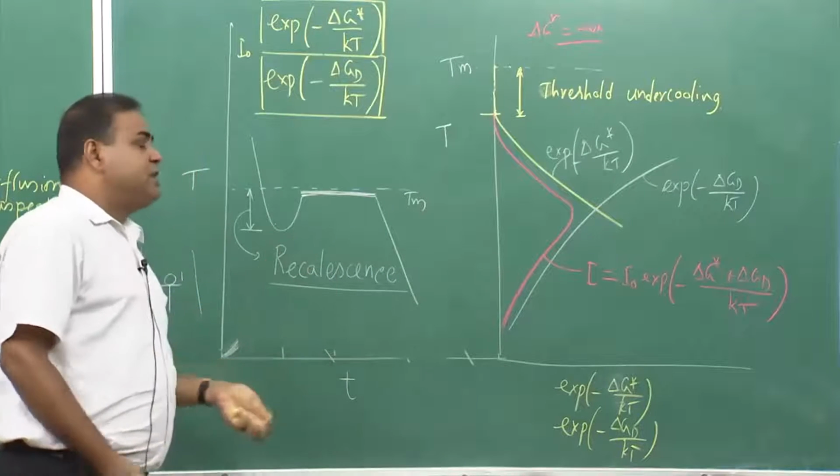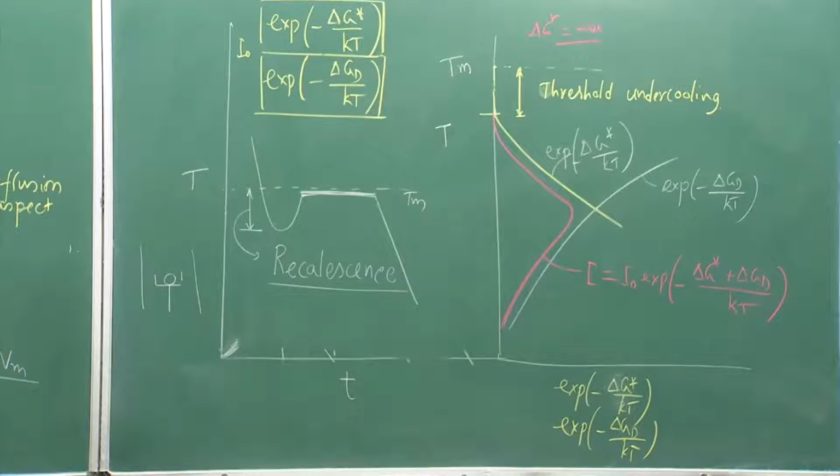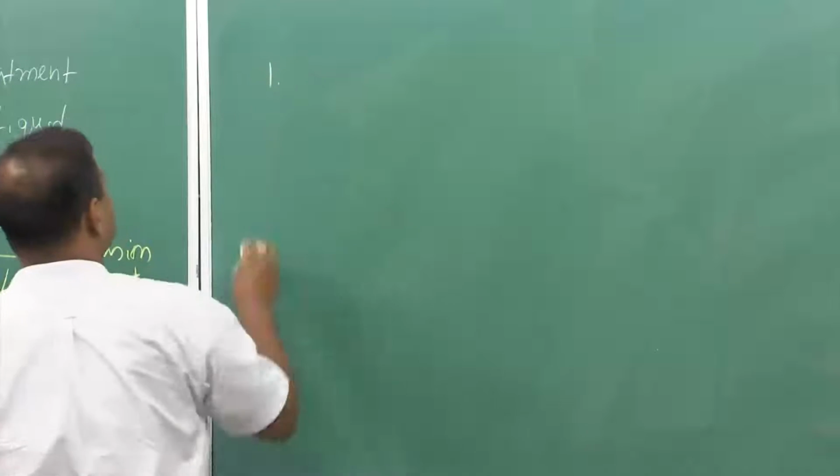Okay. So, let us stop the discussion here, let us do some problem solving. Then things will be very clear. Let us take a simple problem first, then we will solve a complicated problem.